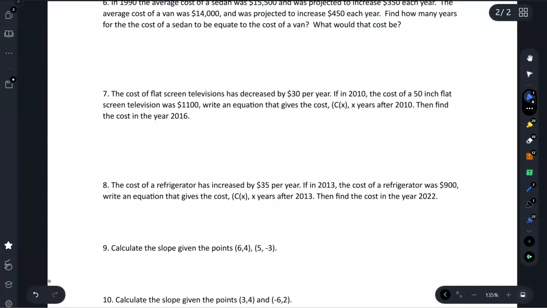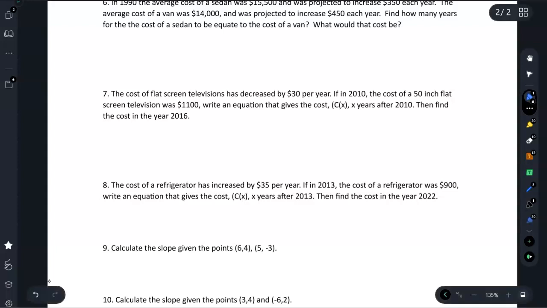Number 7, the cost of a flat screen television has decreased by $30 per year. If in 2010 the cost of a 50-inch flat screen television was $1,100, write the equation that gives the cost C of x years after 2010, then find the cost in year 2016.